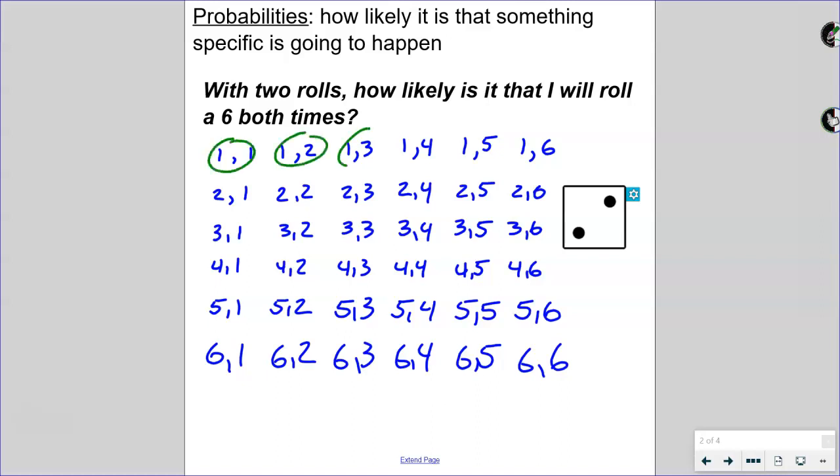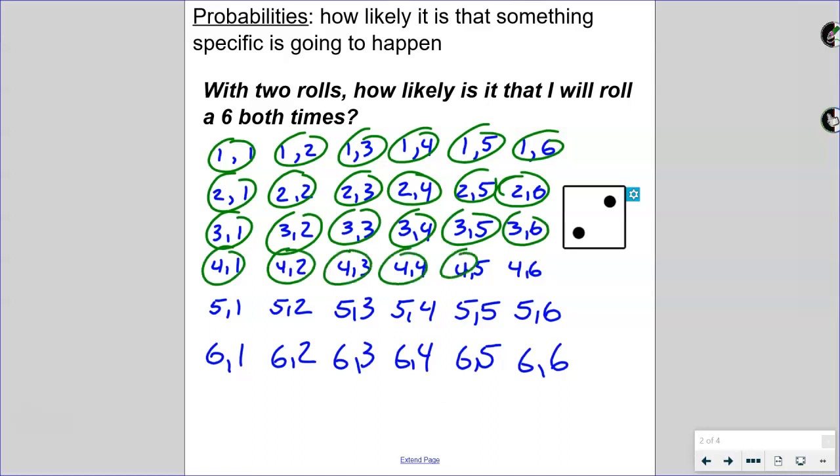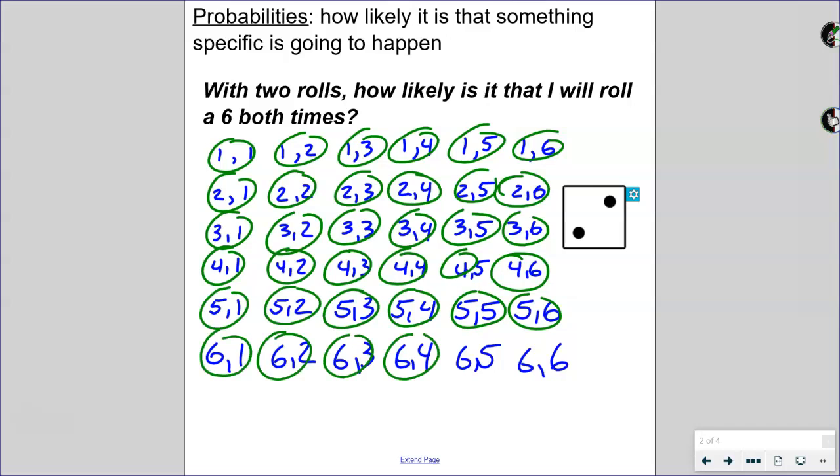We have 1, 2, 3, 4, 5, 6, 7, 8, 9, 10, 11, 12, 13, 14, 15, 16, 17, 18, 19, 20, 21, 22, 23, 24, 25, 26, 27, 28, 29, 30, 31, 32, 33, 34, 35, 36 possibilities. 36 different things could happen when I roll that dice twice.